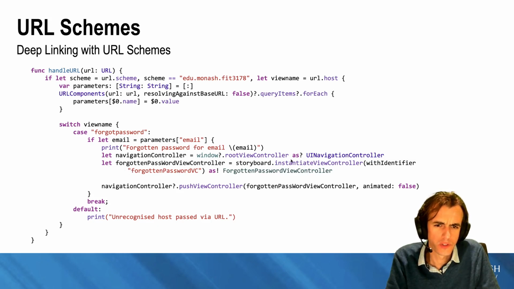And you can see a previous one of my workshops for where this storyboard variable would be coming from in this case. And we know it has this identifier, and we can force-cast it, in this case safely, to a forgotten password view controller. We push it onto the navigation controller stack.